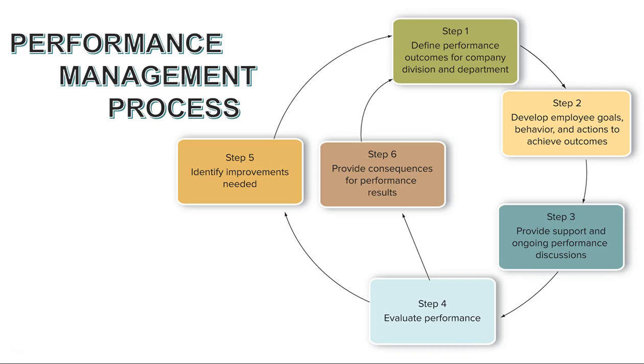Step five, here's where both the employee and the manager are identifying what the employee can do to capitalize on their performance strengths, as well as to address any weaknesses that we've identified. Lastly, step six, here we're providing consequences for failing to achieve performance outcomes, as well as providing some reward or feedback if they are achieving their outcomes.